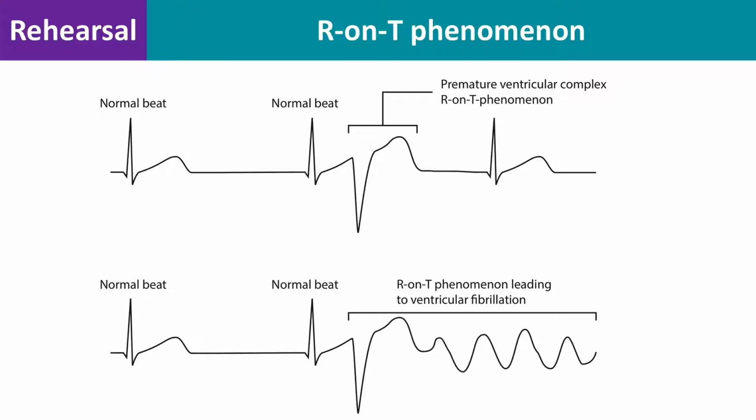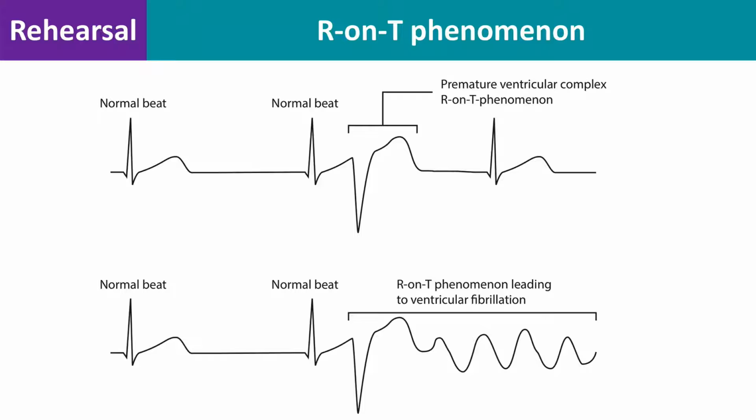Now the reason why R on T phenomenon are of interest is simply because the apex of the T wave is a sensitive phase in the cardiac cycle. And to be frank, it's not always sensitive, but it may sometimes be sensitive in some patients.